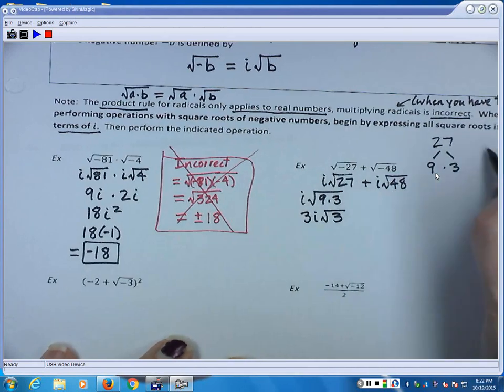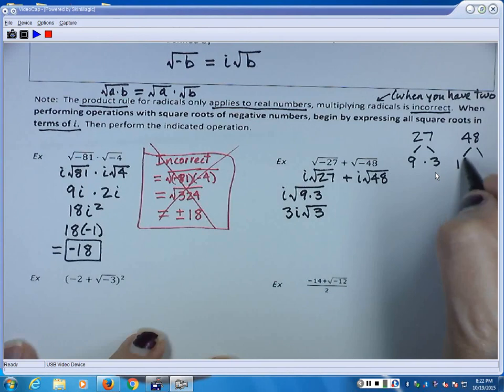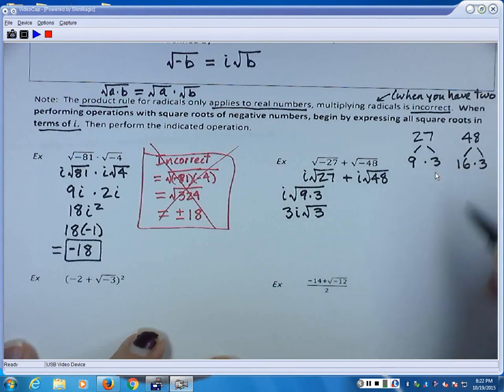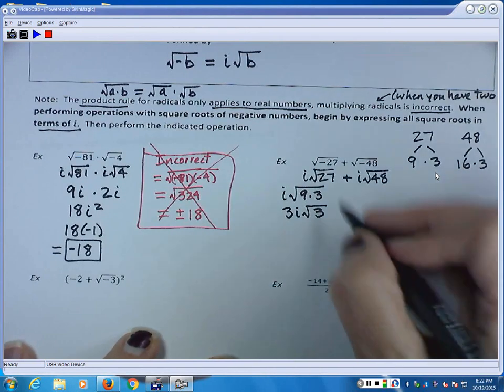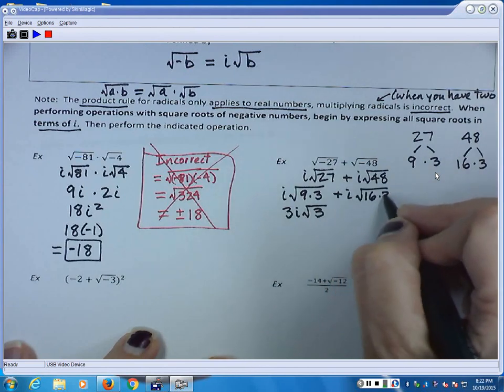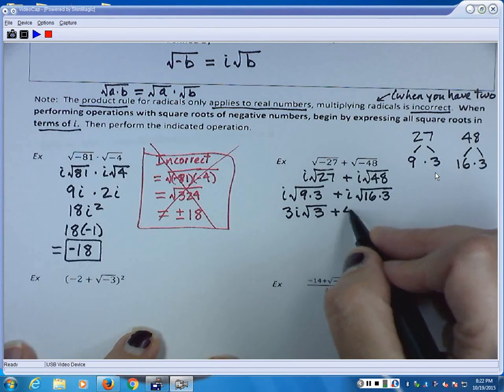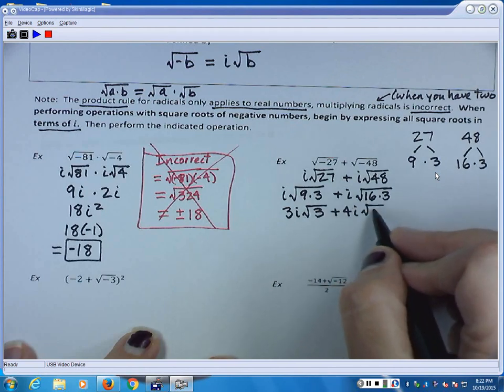What's 48? Isn't that 16 and 3? Okay, so this is plus i square root of 16 times 3. Take the square root of 16, it's 4i square root of 3.